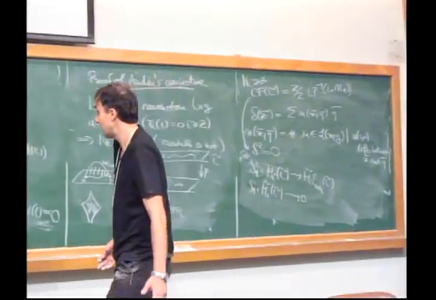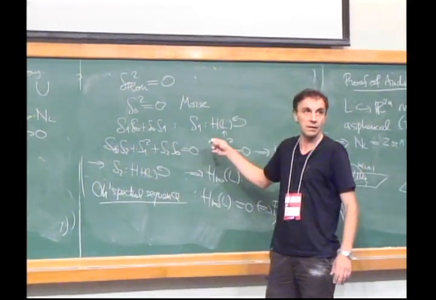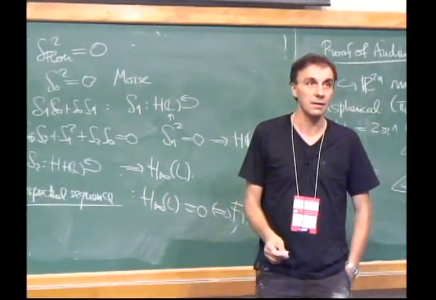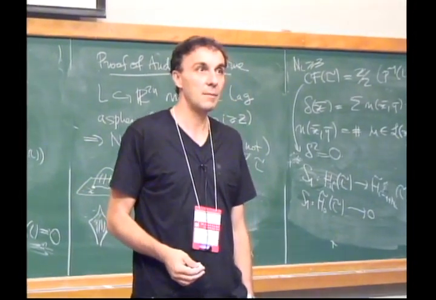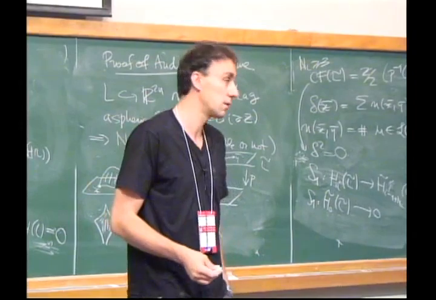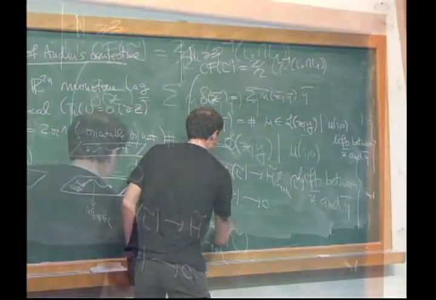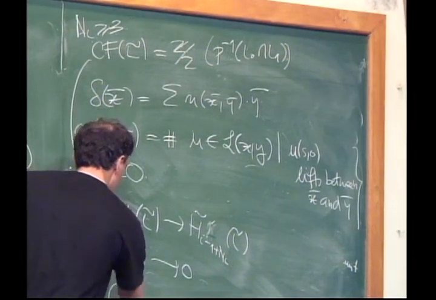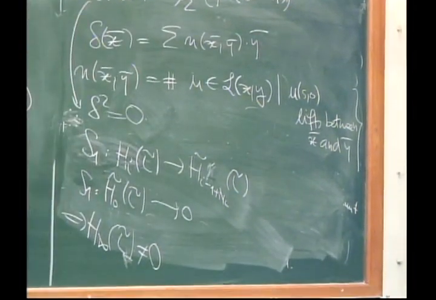And for the same reason, it doesn't die for delta 2, for delta 3, and for delta everything. This means that it survives in the limit of the spectral sequence. So this means that H infinity of L cannot be 0 because it contains this element.